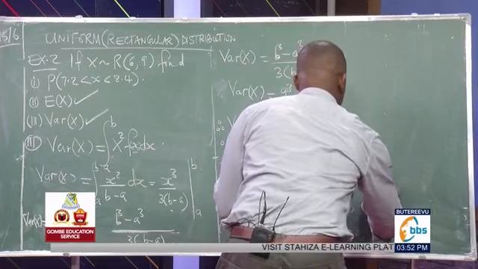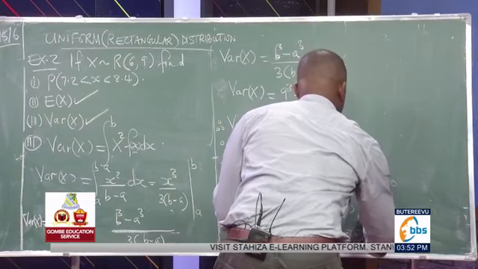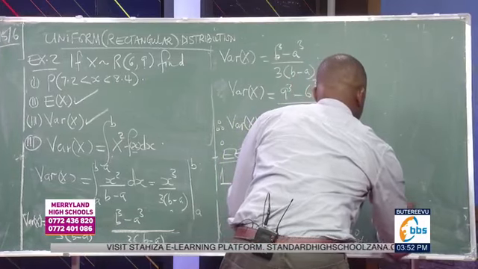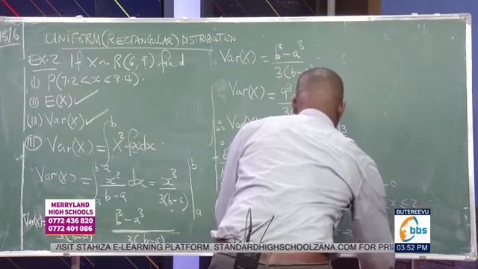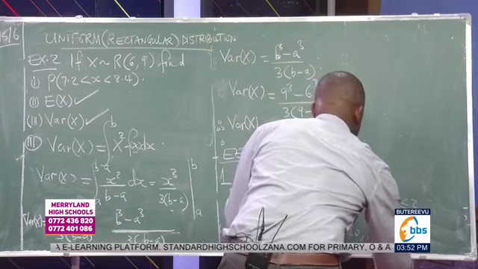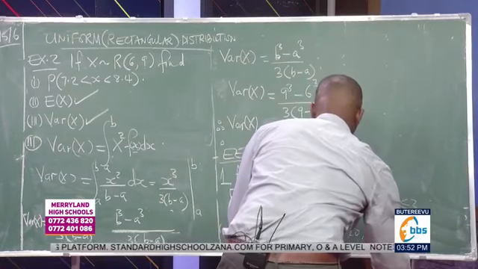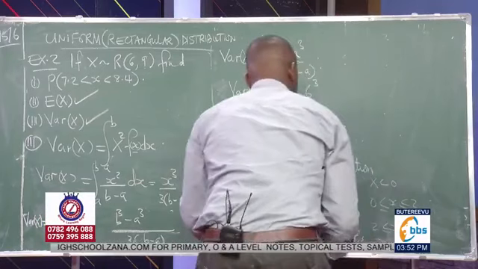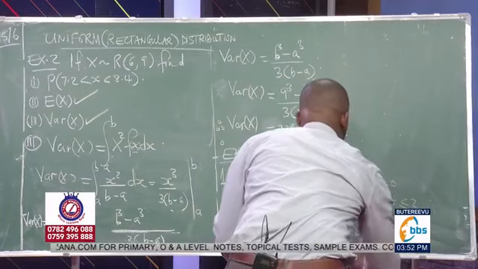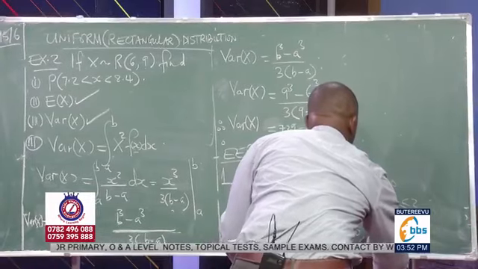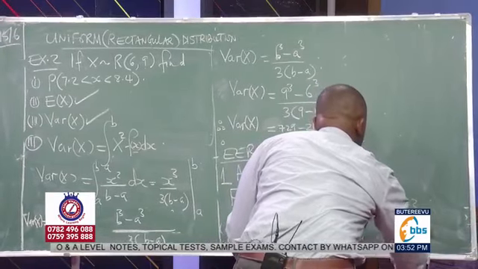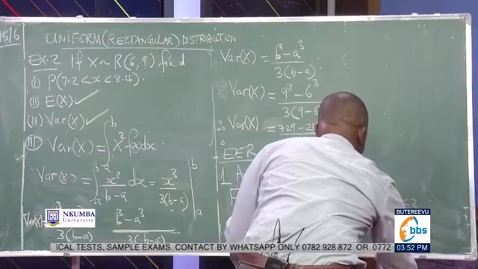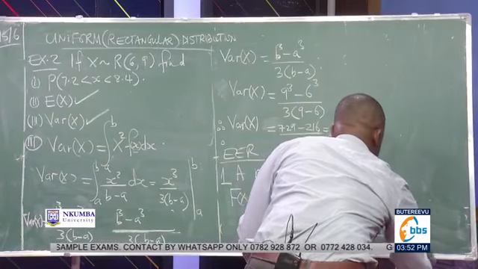We have x less than 0, 0 less than x less than 2, 2 less than x less than 4, 4 less than x less than 6, and x greater or equal to 6.